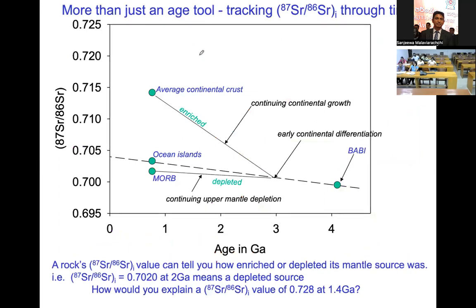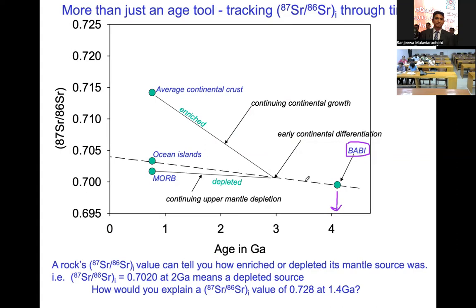We have another diagram to look at. I think you can remember we discussed the initial isotopic composition is equal to the value given by this BABI, right? At the beginning, that means the time of formation of the Earth, 4.56 billion years ago. So what you can expect from this one?